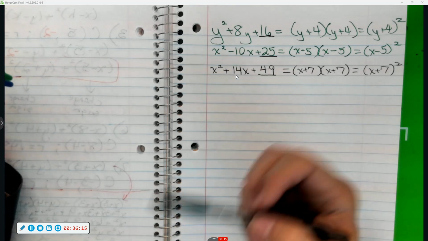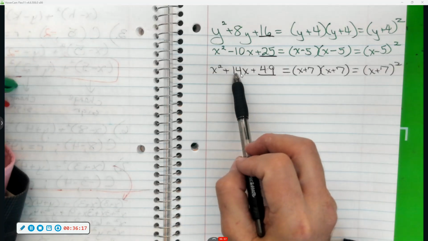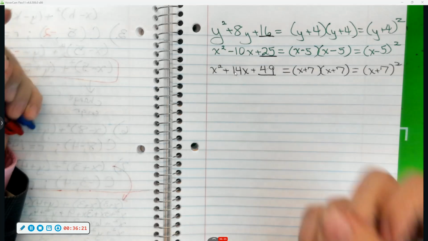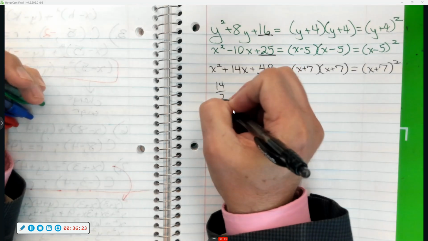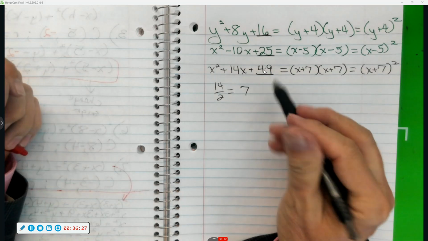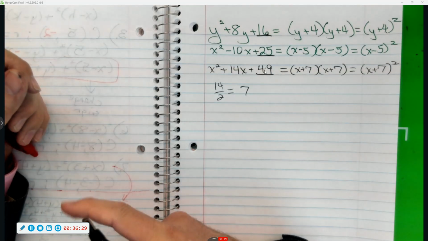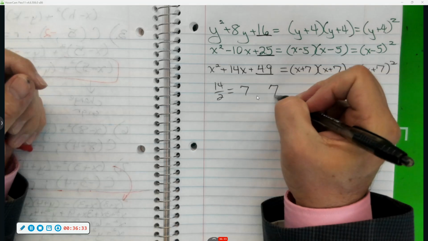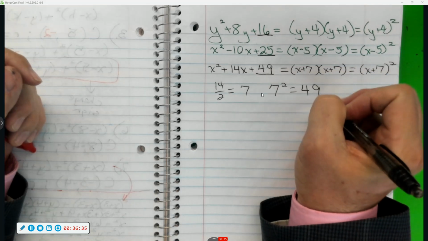I'll get us started. Half of 14 is 7. So if you take half of 14, that gives you 7. Then what do you do to 7 to get 49? Yeah. Multiply it by itself. 7 squared gives you 49.